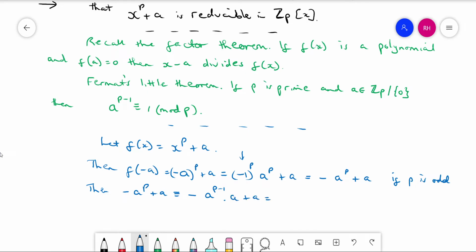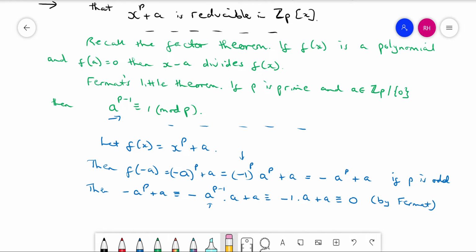And this a to the p minus 1 here, if we look up here, is equivalent to 1. So I'll put negative 1 times a plus a, and that is equivalent to, well, negative a plus a is 0. And I'll put in here by Fermat.